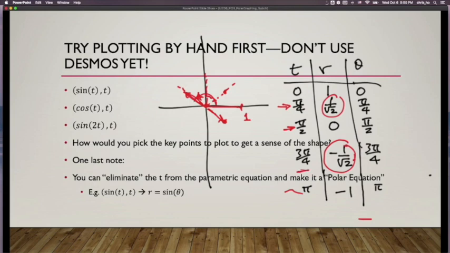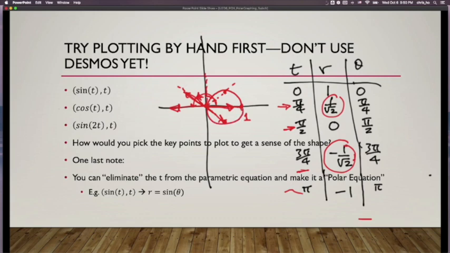As I keep rotating my angle to pi, I'm going to end up being at negative 1. And since pi is in this direction, negative 1 means I'm going in the opposite direction. So I'm back to this point, 1. So as the angle increases, what I'm tracing out is a curve that looks like this.